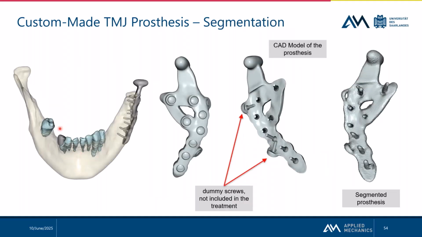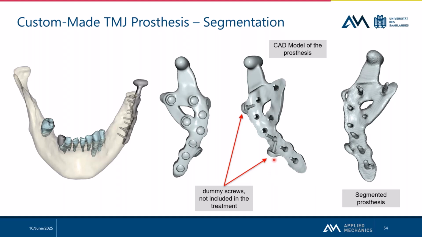So here again you see a fully segmented version of the patient with a segmented implant also, and on the right you see how the segmented prosthesis looks, and compared to the computer-aided design model of the prosthesis, you see that the segmented version has this voxelized structure, and you can see it with the image size.